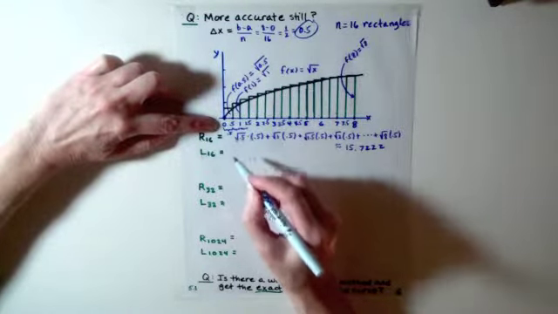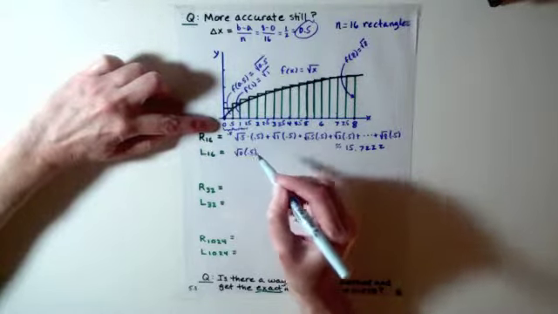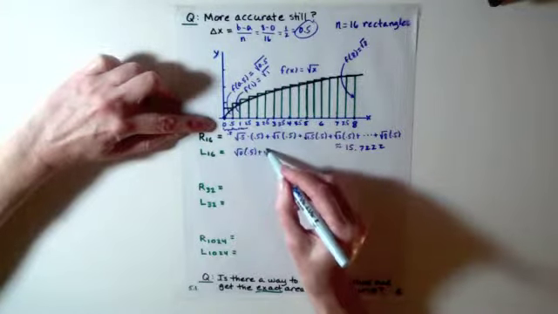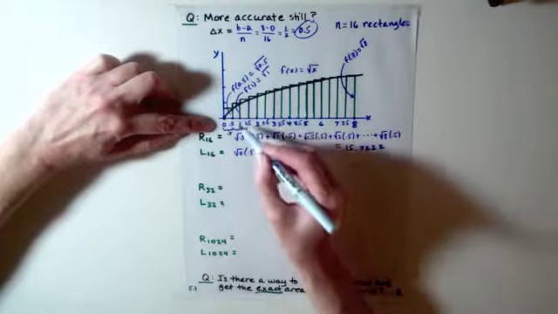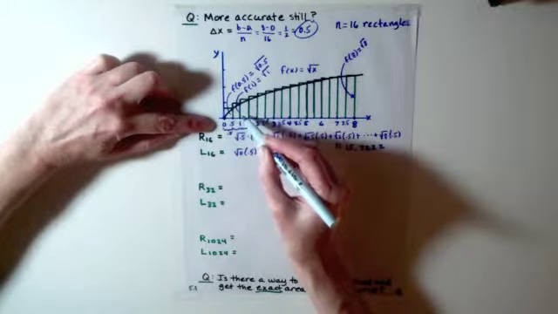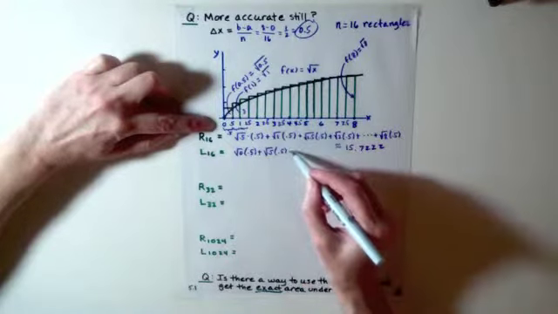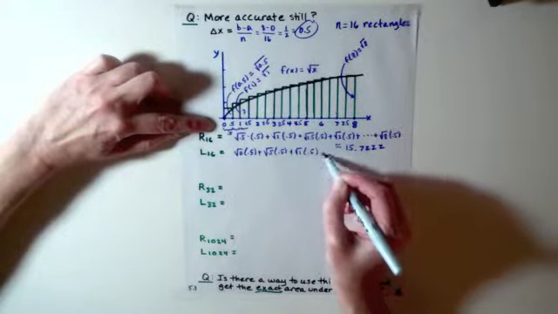So my very first rectangle would be root 0, and then I multiply by the width. The next one will be the next subinterval value, so it'll be square root of 0.5, and I multiply by the width. And the next one, I'm using the left-hand endpoint. We're now on the third strip, and so I would use root 1 times 0.5, and so on.